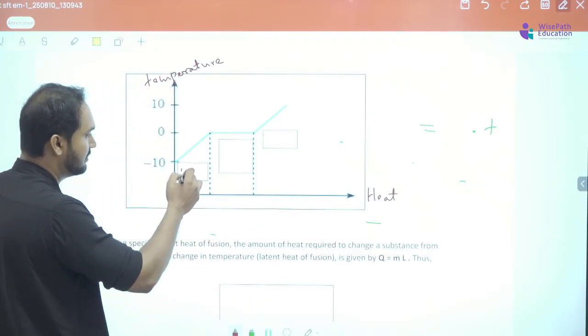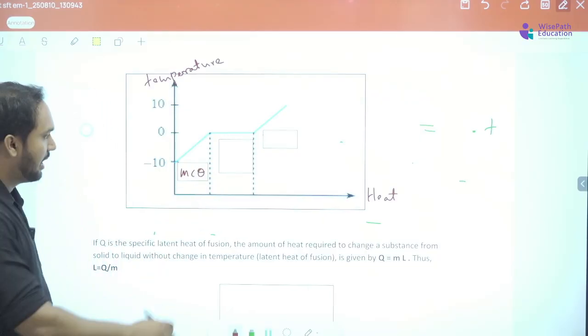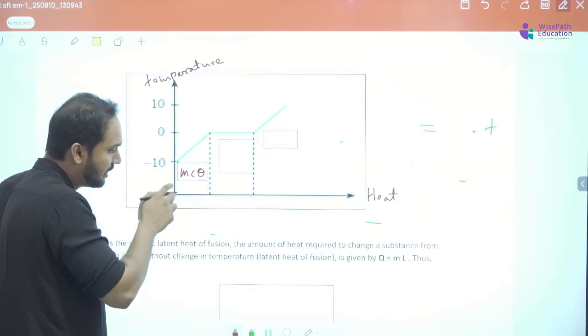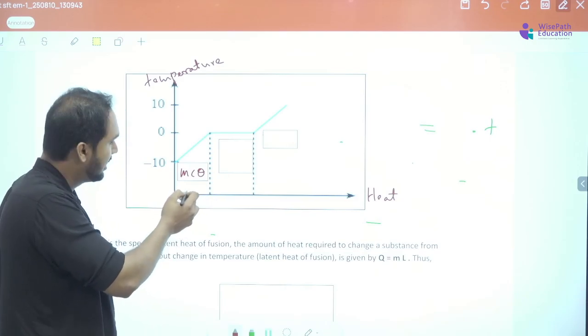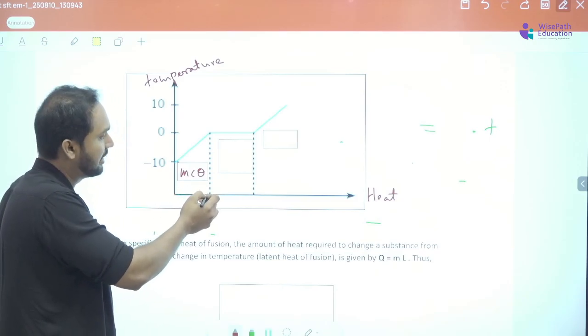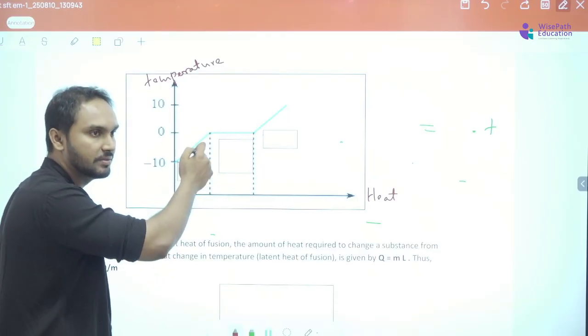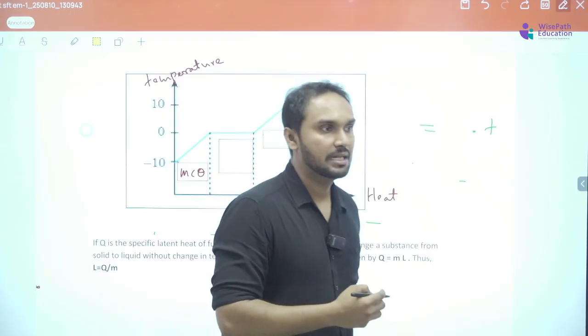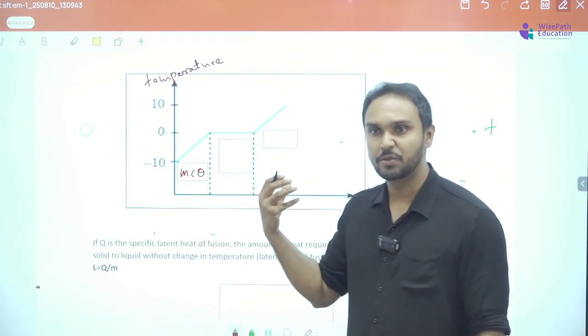And the heat is being supplied here, right? So the heat is increasing, which means the heat is supplying. And at a certain point, it comes to 0 degrees Celsius, which is the melting point of the ice. So now the fusion starts.